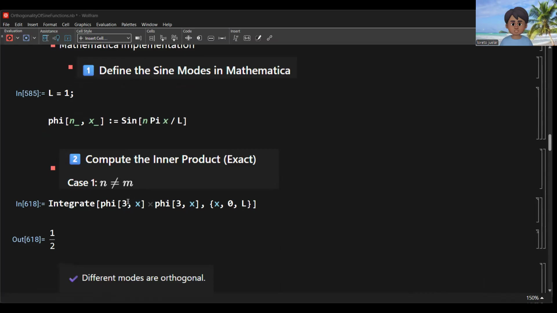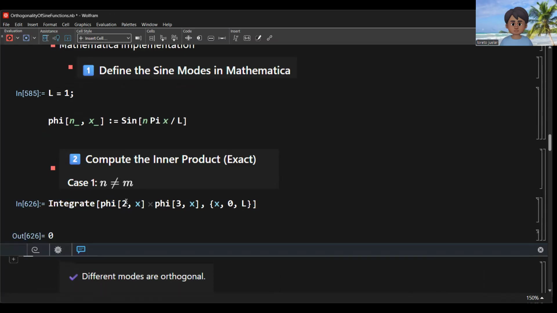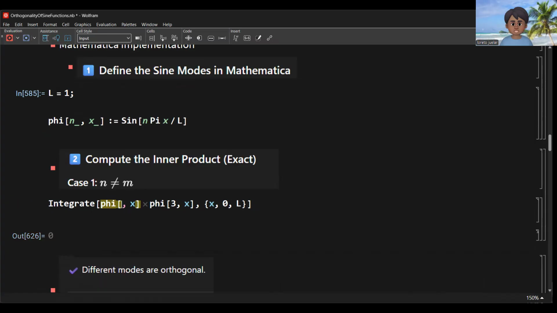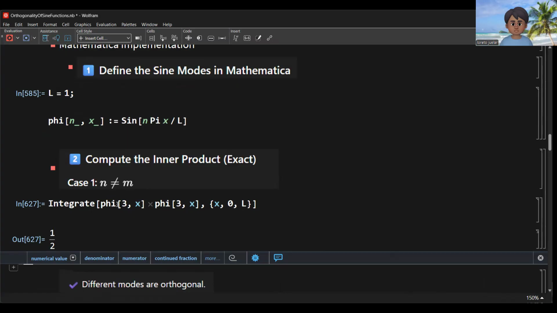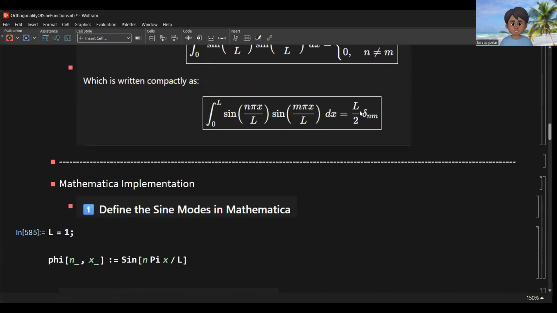For example, if one is equal to 2 and the other is equal to 3, that is equal to 0. Now if they are equal, for example both equal to 3, that is equal to 1/2 because L is equal to 1.